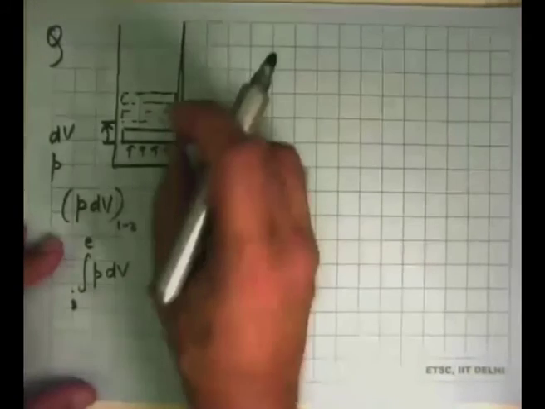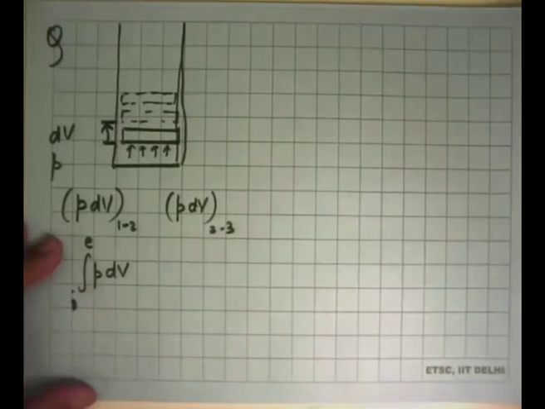In that little change, we assume that the pressure was constant and it pushed the piston down. Now this is work done by the gas on the piston. What the piston does with that work can be a slightly different story.